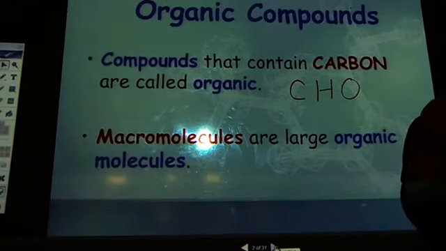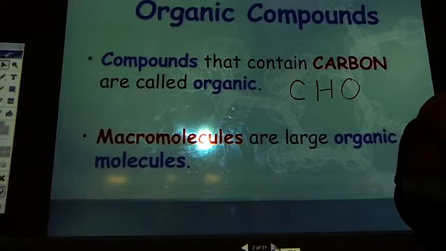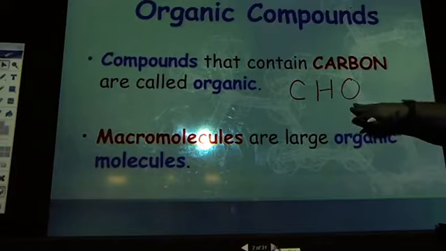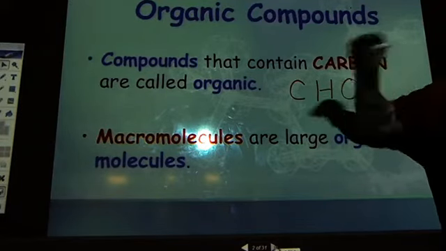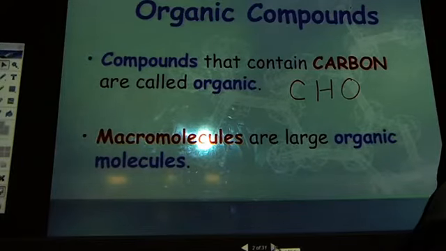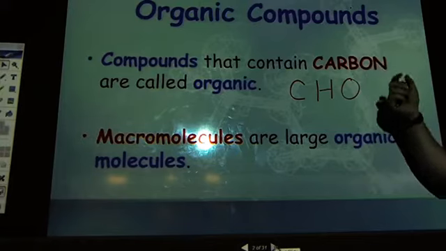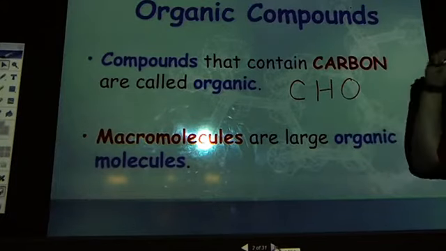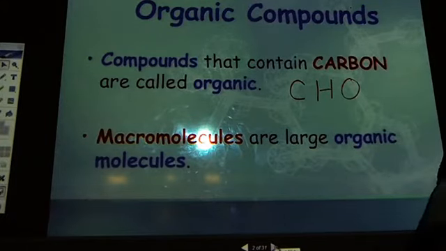Carbon, hydrogen, oxygen. Exactly. So if ever you see carbon, hydrogen, and oxygen together, 9 times out of 10, it's an organic compound, one of those biomolecules that he talked about last week. If it's just carbon, it helps that you might understand it's organic, but at least if you have CHO, now you know it's an organic compound.